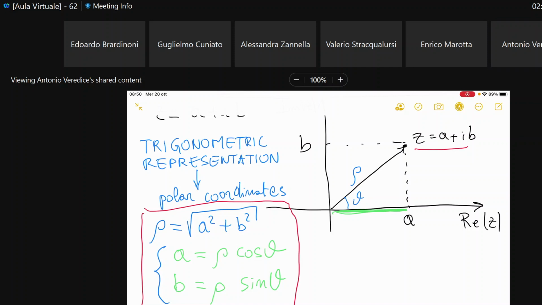If you have A and B, you can find the cosine of theta, which is A over rho, and the sine of theta, which is B over rho.